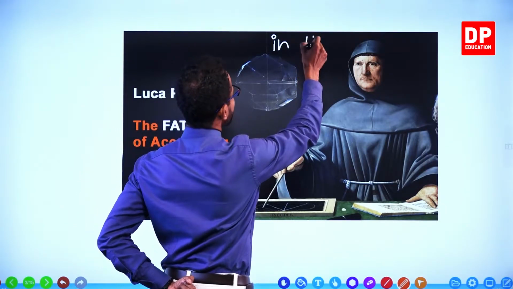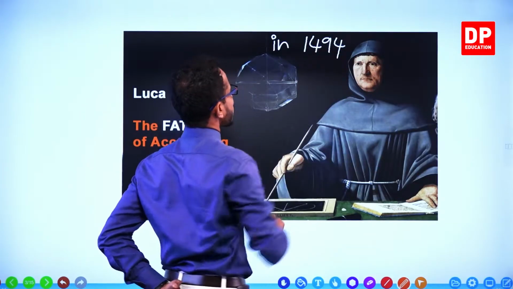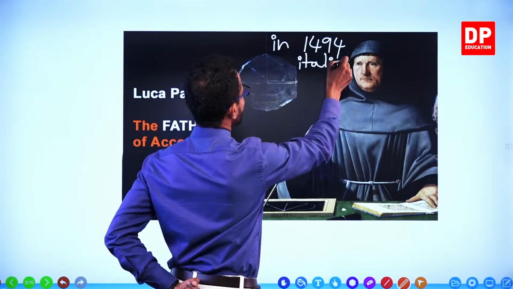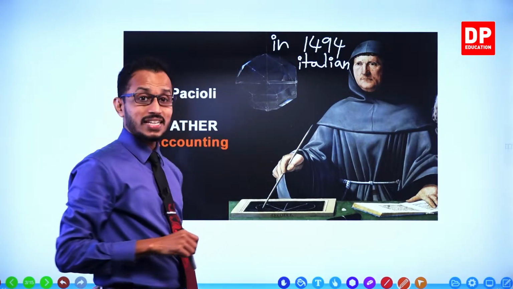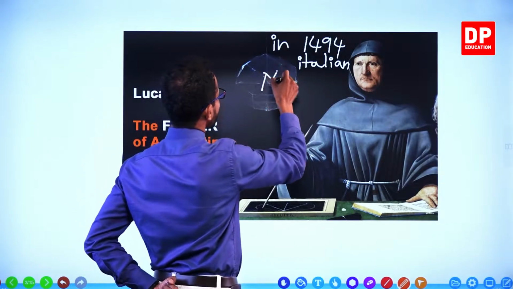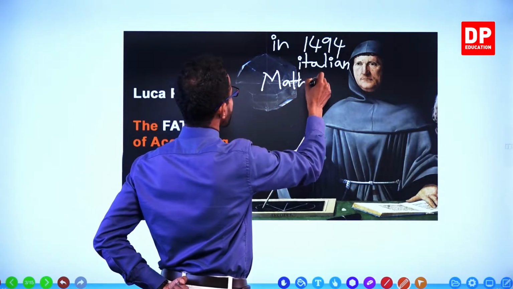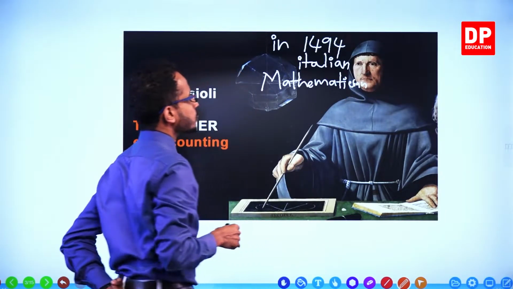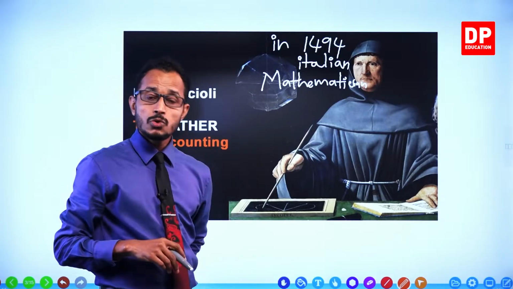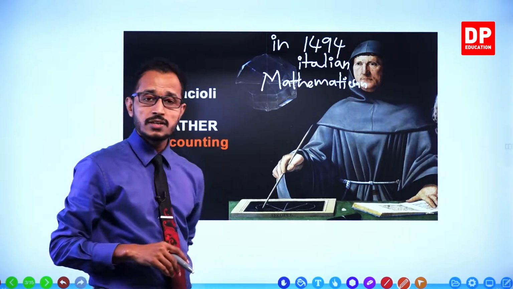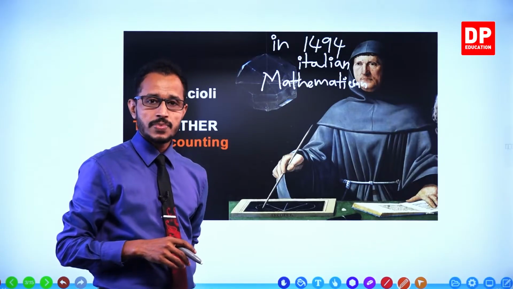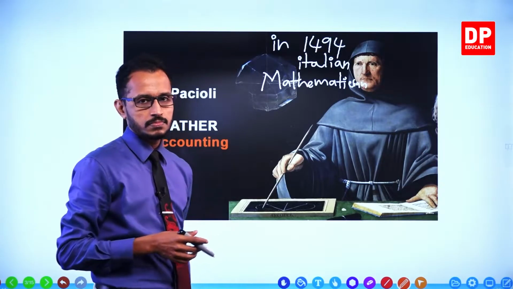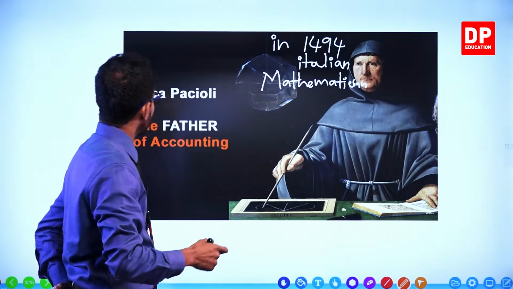In 1494, this Italian mathematician Father Luca Pacioli introduced the double entry accounting bookkeeping system to the world, the double entry system.